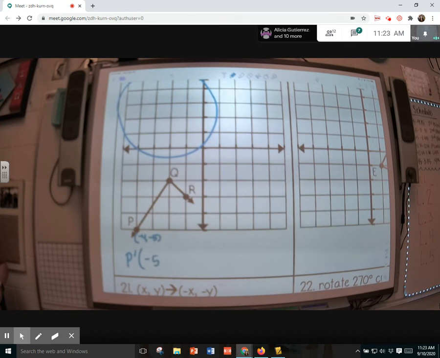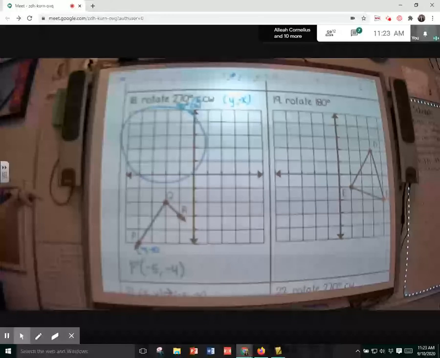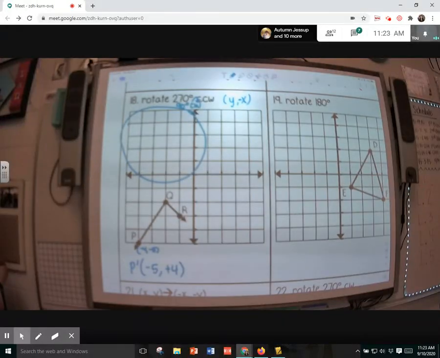And then I change the sign of the old X, so I'll be at -5, +4 for P prime. Q starts at -2, -2. Switch their places, -2, -2. Change the sign of the old X. So -2, +2 will be Q prime. And then R starts at -1, -3. Switch them. Change the sign of the old X. So -3, +1 is R prime.